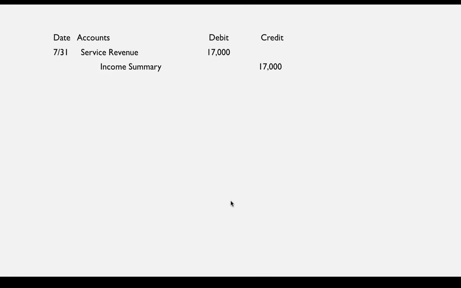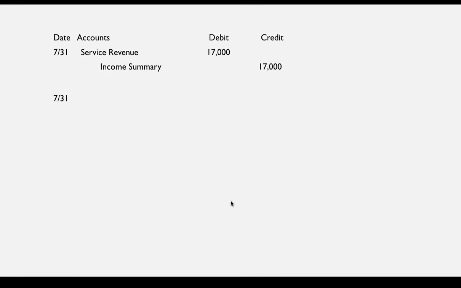So your first closing entry is now complete. You have closed your revenues to income summary. So we can now move on to the next closing entry. The next closing entry that we're going to have to make is closing our expense accounts. And we close our expense accounts also to income summary.